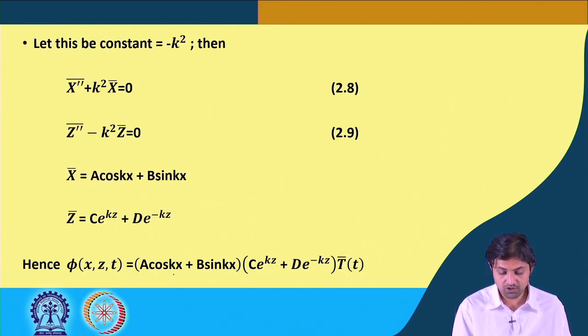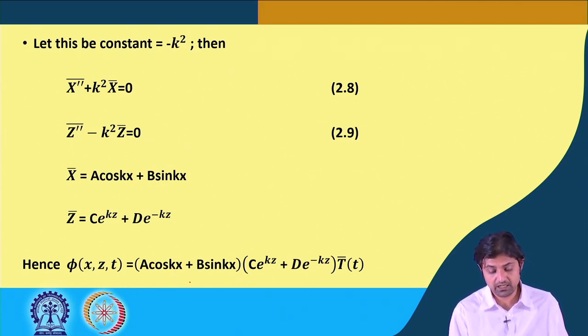One will be a cos kx multiplied by sin, the other a cos kx multiplied by cos, the other b sin kx multiplied by sin, and the fourth b sin kx multiplied by cos.